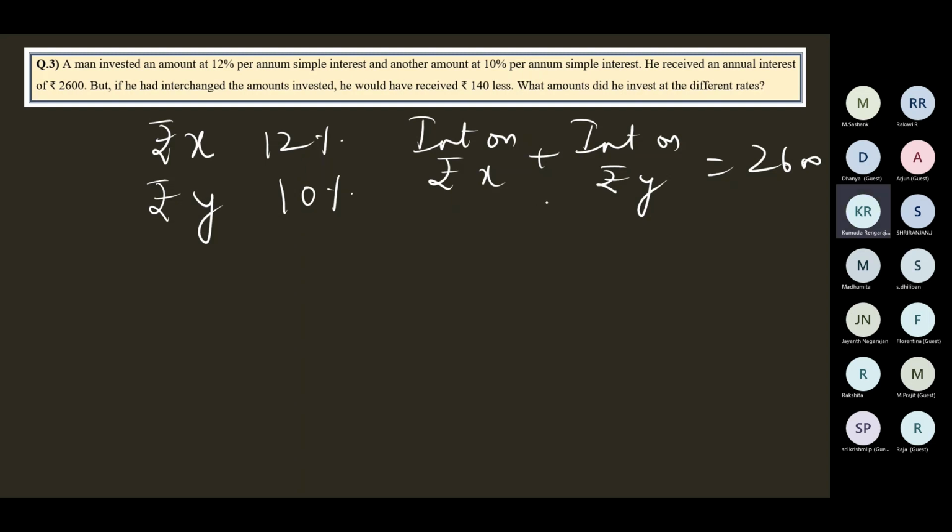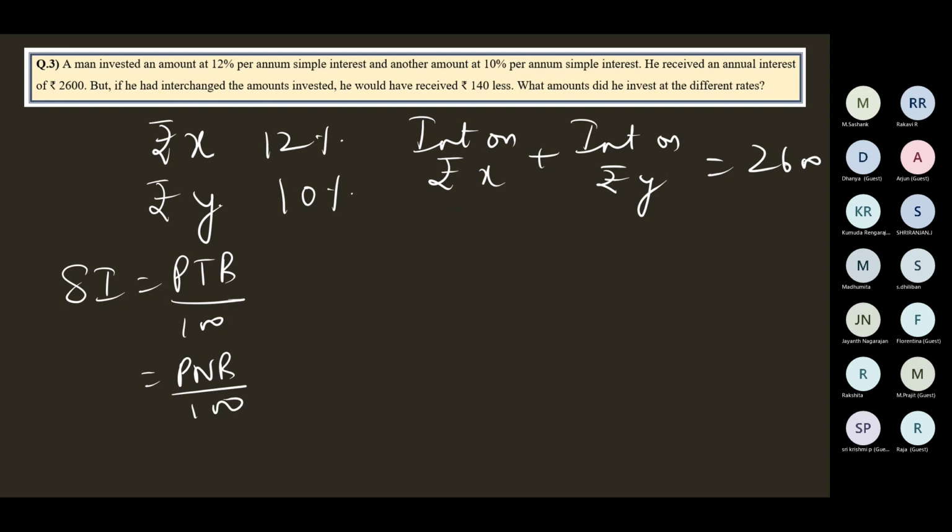Annual meaning for 1 year, so time is 1 year. And what is the simple interest formula? PTR by 100 or PNR by 100, where P is X and Y. Time is 1 year.